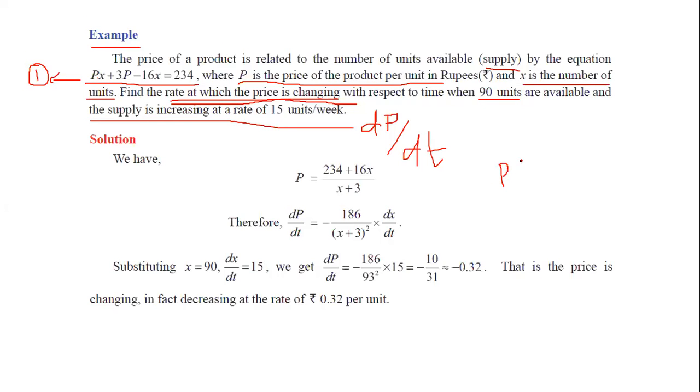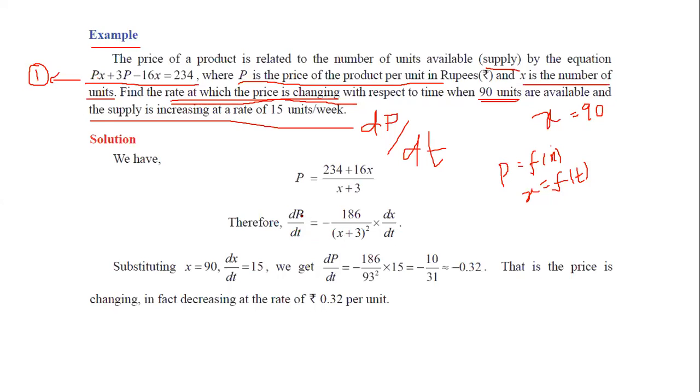p is a function of x, and x is a function of t, because x is the number of units. So 90 units are available here, x equal to 90.